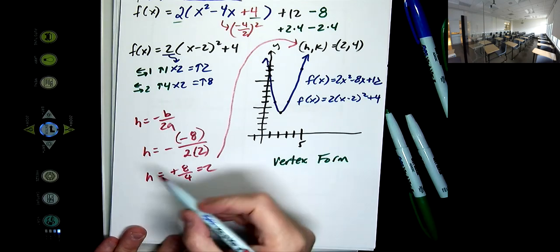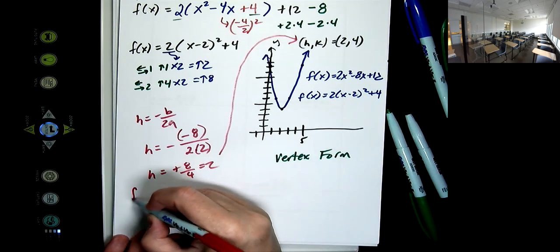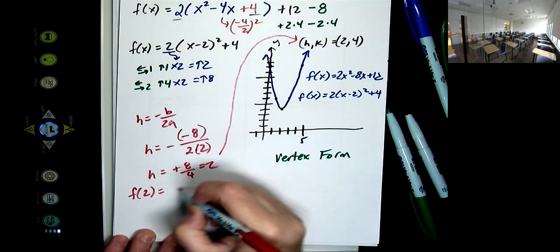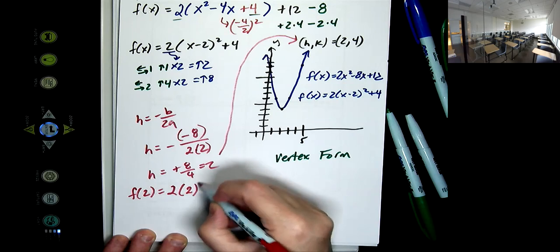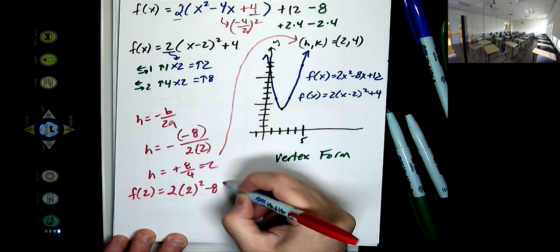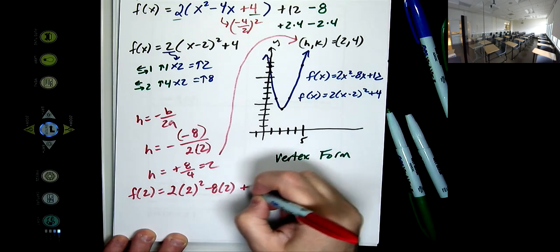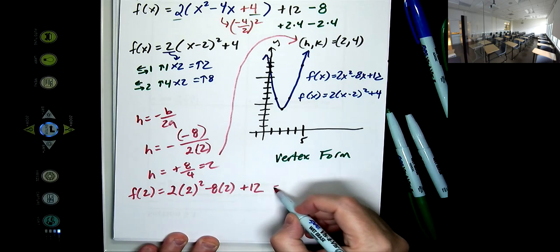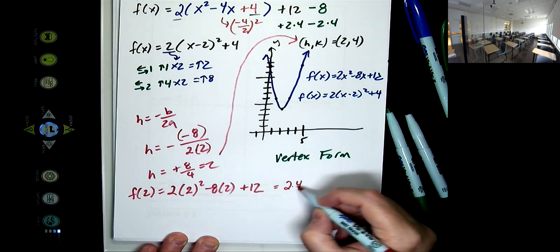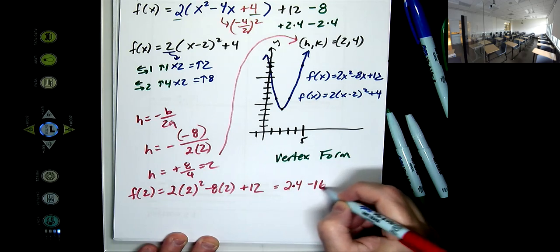And if we stick h equals 2 into that form right there, you get 2 times 4 minus 16 plus 12.